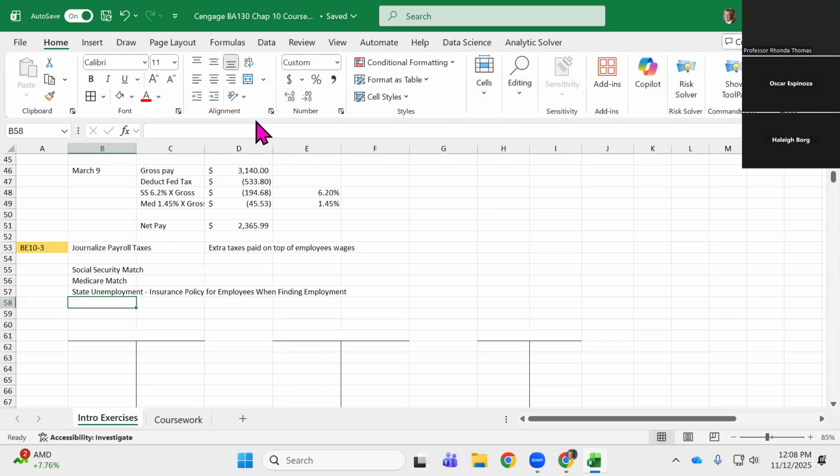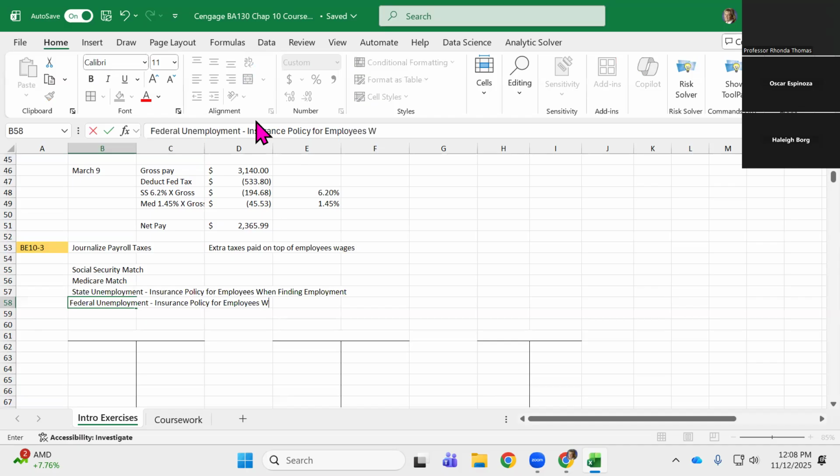And the other part is a federal unemployment. Okay, there is a federal amount of unemployment that acts like an insurance policy also. And usually it's enacted when something tragic is going on in the country, like COVID or something like that.